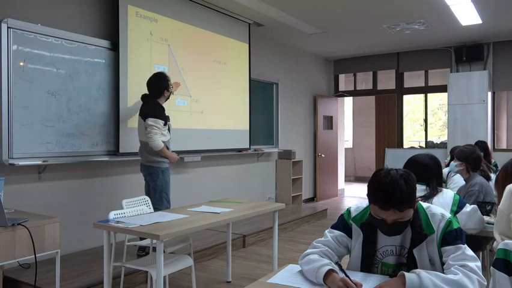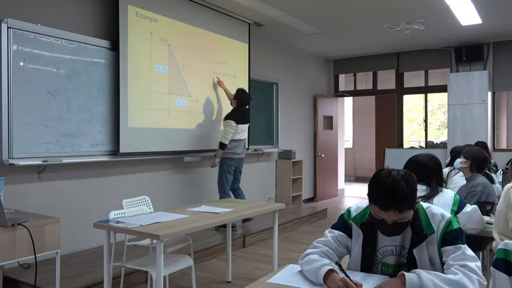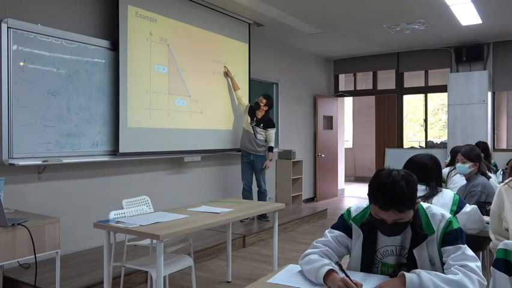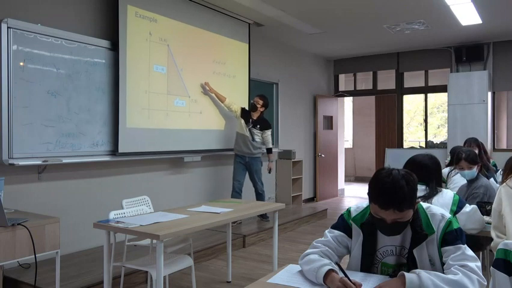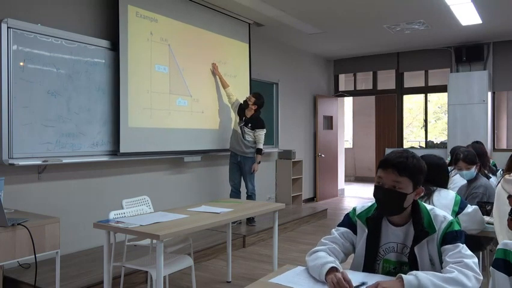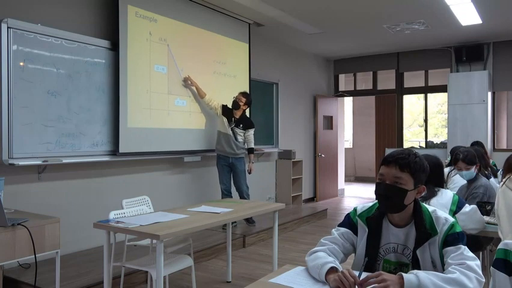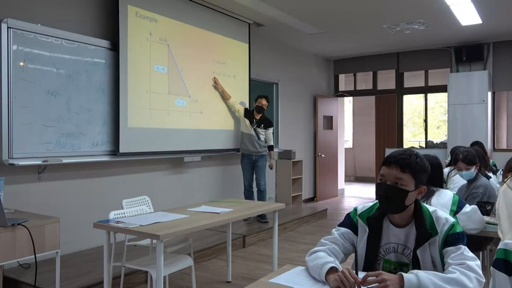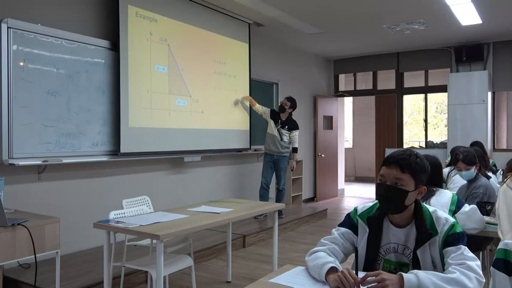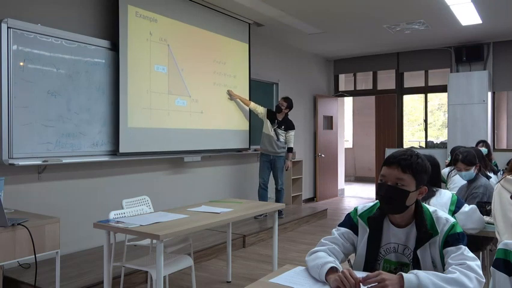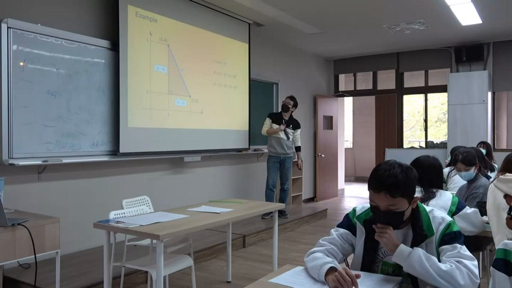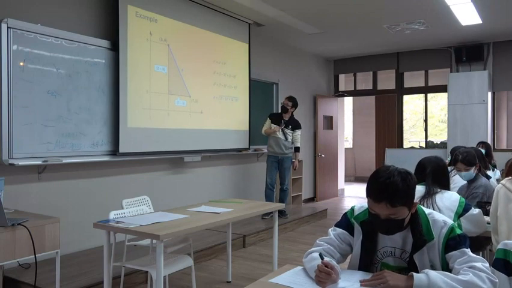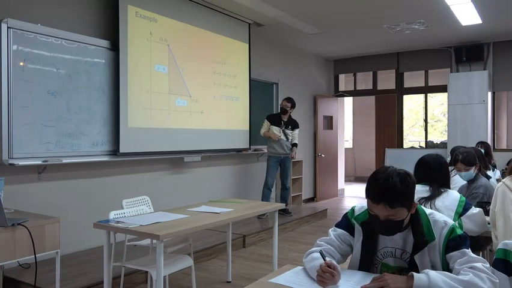Okay, and replace A and B with the legs. Okay, and replace C with the distance between the 2 points. And then we have the square of the distance.